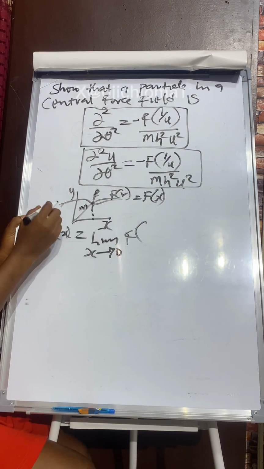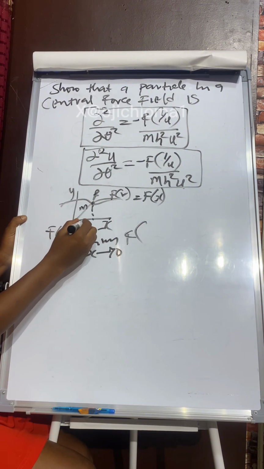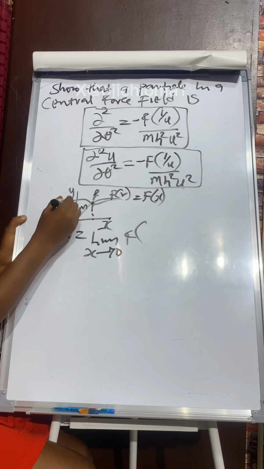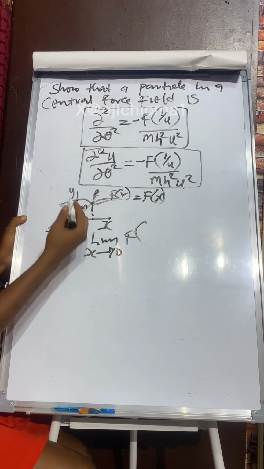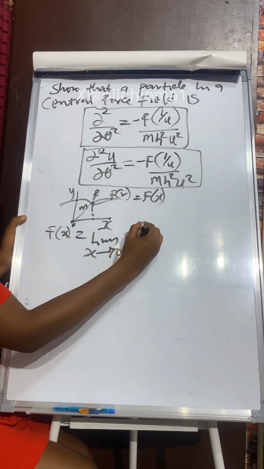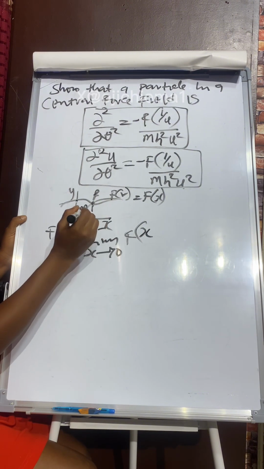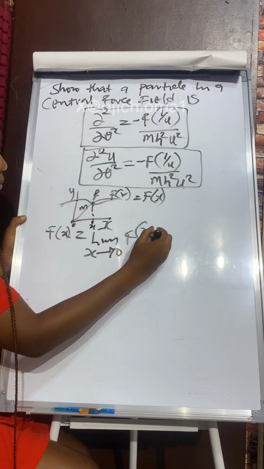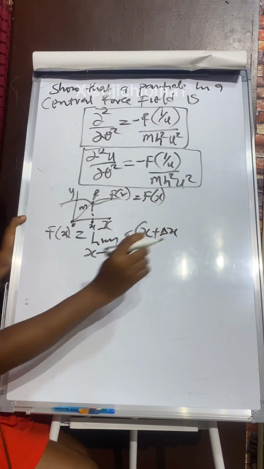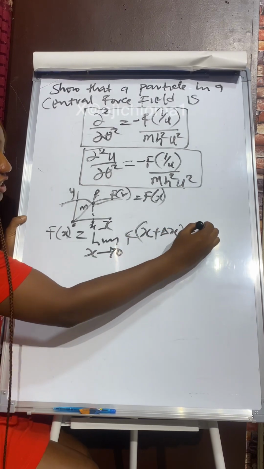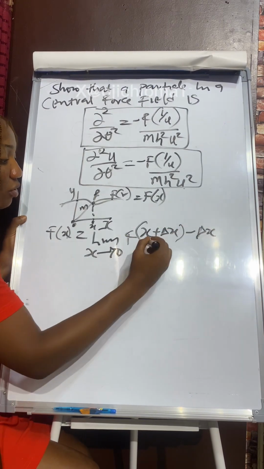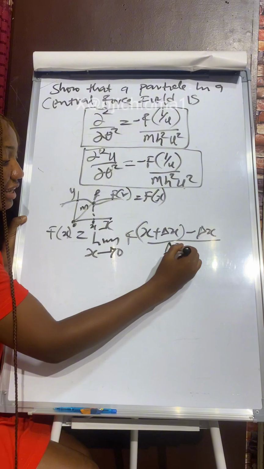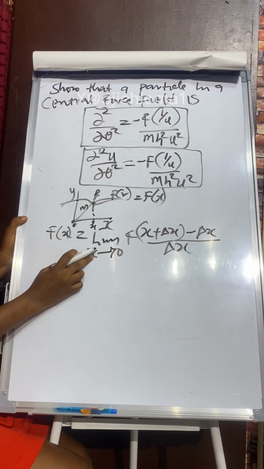That is the change. The slope is the change from this point of 0 to this point, and from this point to this point, which is what the change. What happened here? x, which is the point here, let's take this as the point of study, plus the dx, which is the change, minus initial, over dx as dx tends to 0.